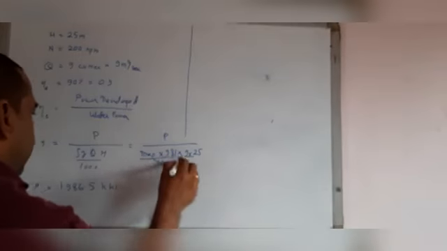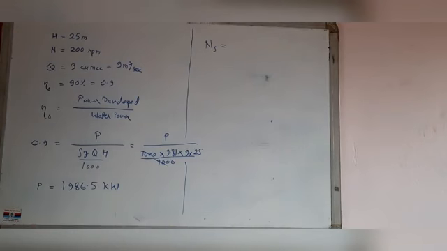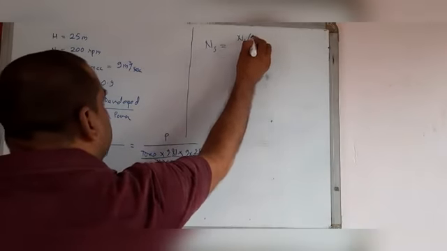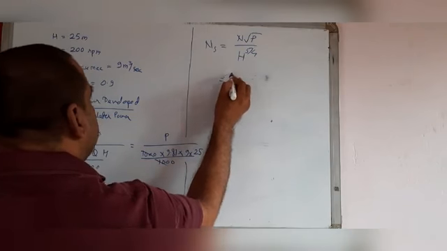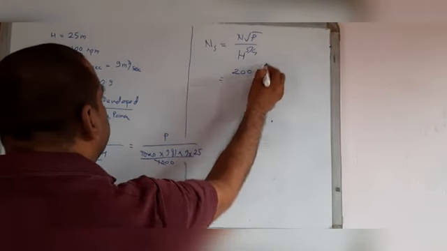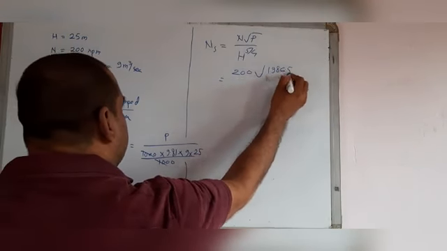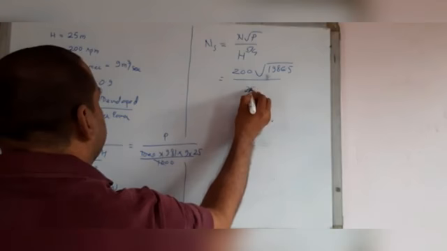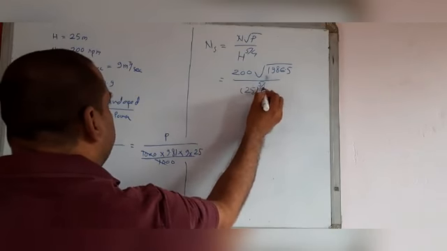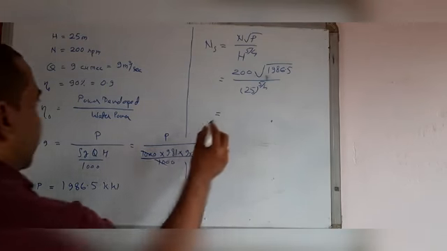Now we have to calculate the specific speed of the machine. Ns equal to N root P by H to the power 5 by 4. That is, N is given 200 rpm, root P is 1986.5 divided by H, given 25 to the power 5 by 4. So this specific speed is calculated 159.46 rpm.